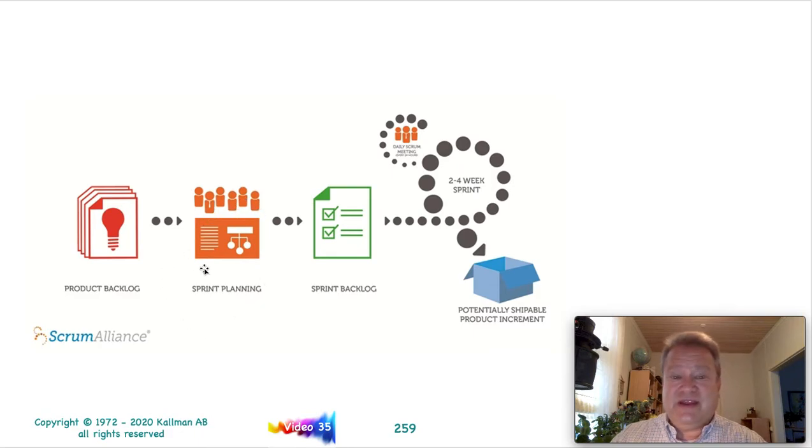Once that sprint planning is done, and that's done with also the Scrum Master and product owner usually, you create the sprint backlog. Once the sprint backlog is set to go, then the team will go for 2 to 4 weeks. The iteration is usually called a sprint, and they'll go 2 to 4 weeks to get the work done.